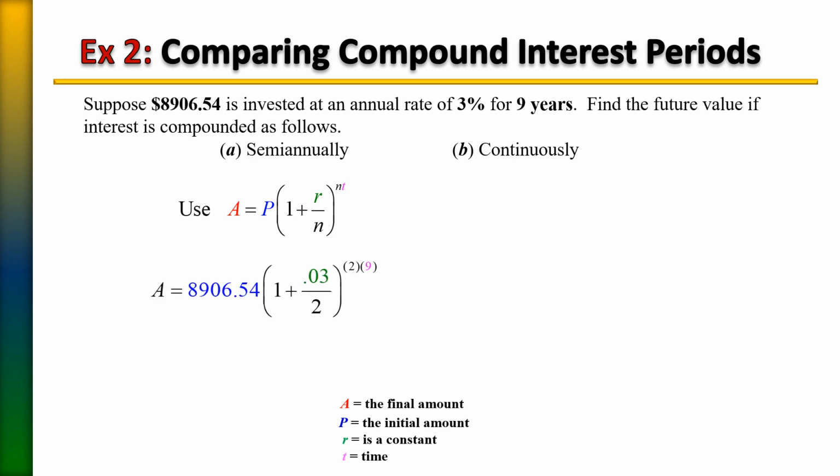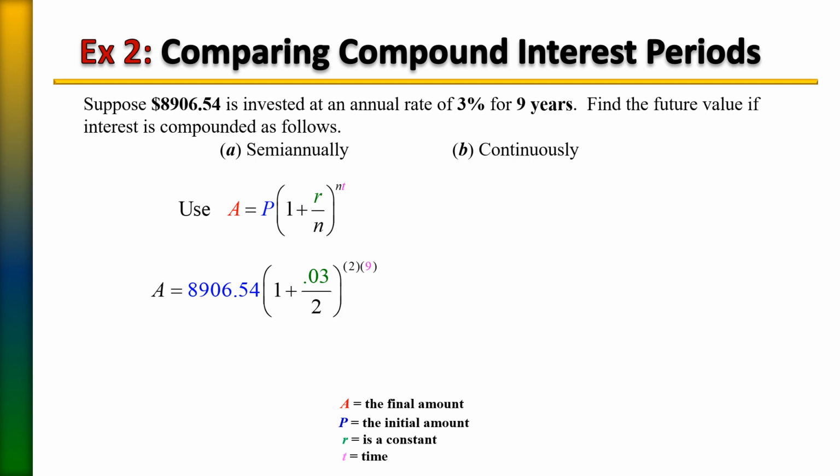Again, you can do all of this with your calculator. Simply press 8906.54, parentheses, 1 plus. If you have a fraction key, type 0.03 in the top and 2 in the bottom.